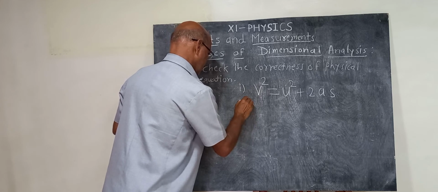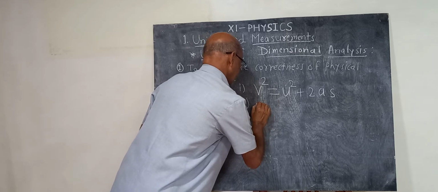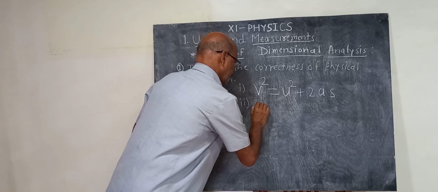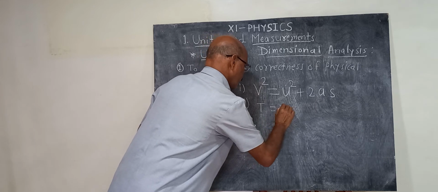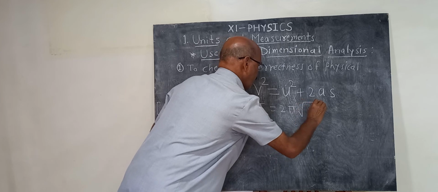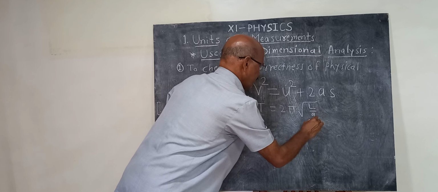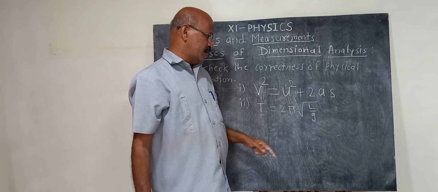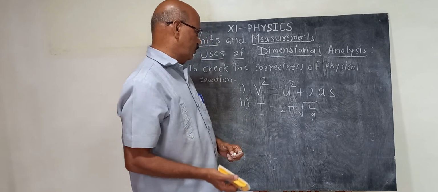Also, second example: the period of a simple pendulum is given by capital T equal to 2 pi into root of L divided by G, where L is the length of the pendulum and G is the acceleration due to gravity.